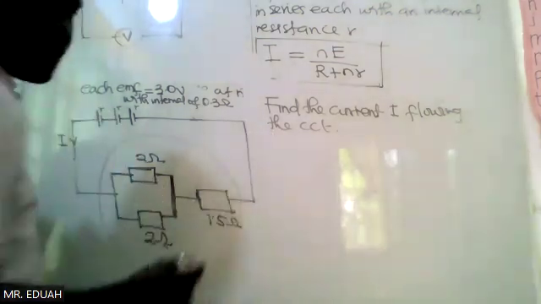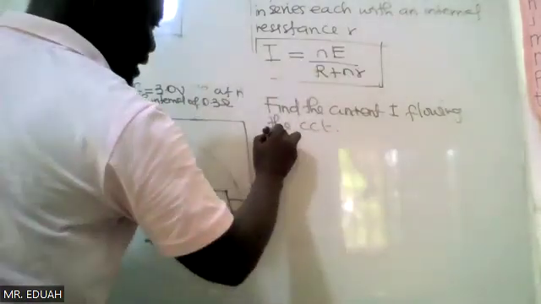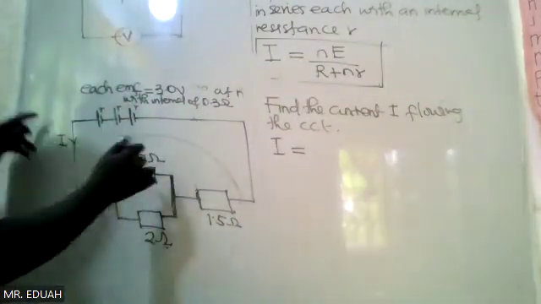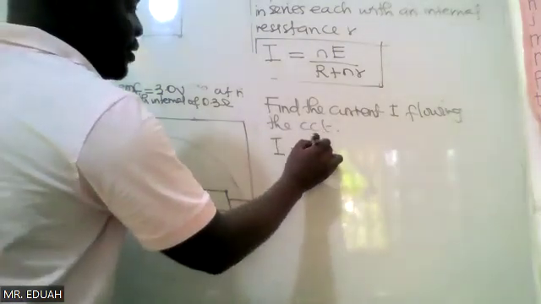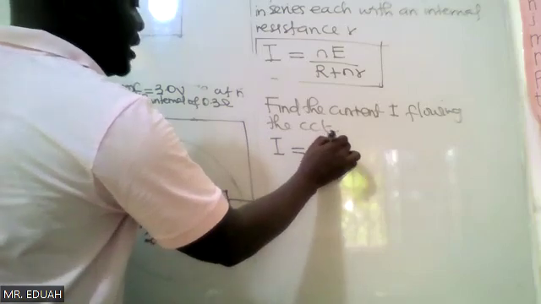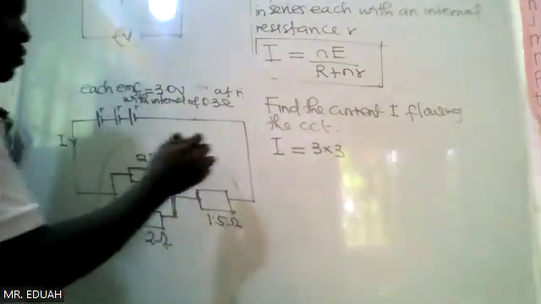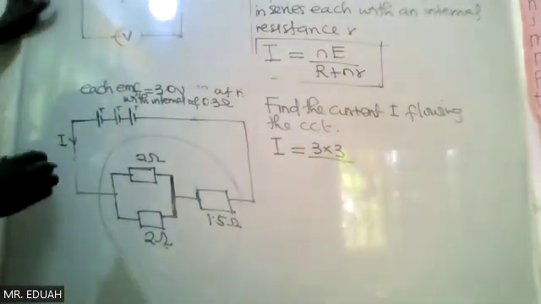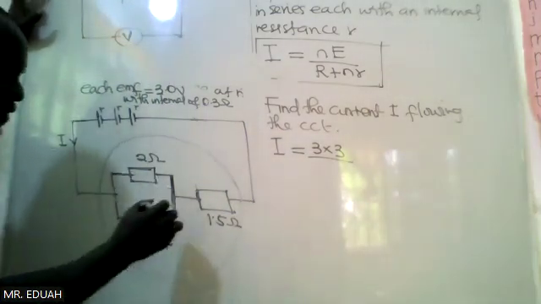So it's from here, I would be equal to n number of EMFs. So 3 times 3, all over. So I must represent this as if it is 1.